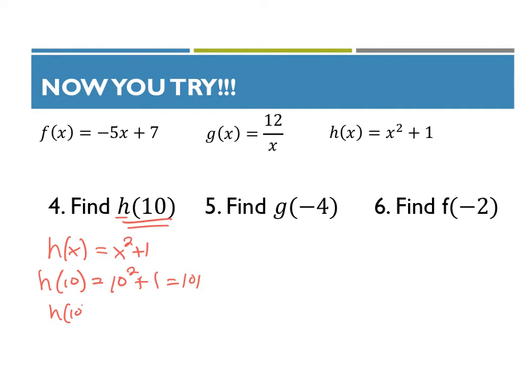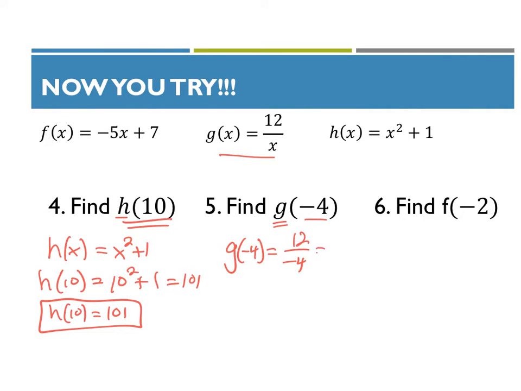So h of 10 equals 101. If I wanted to find g of negative 4, again, we're pertaining to the function g, and so g of x is 12 divided by x. So if I wanted to find g of negative 4, it'd be 12 divided by negative 4, which we get as negative 3. And so g of negative 4 would equal negative 3.